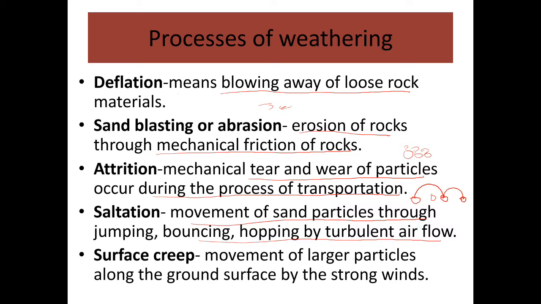Through suspension, only the fine particles are transported, whereas by saltation the larger particles can be transported by bouncing. And in surface creep, or traction, it just rolls like this and moves. It is the movement of larger particles along the ground surface, and that's called surface creep.